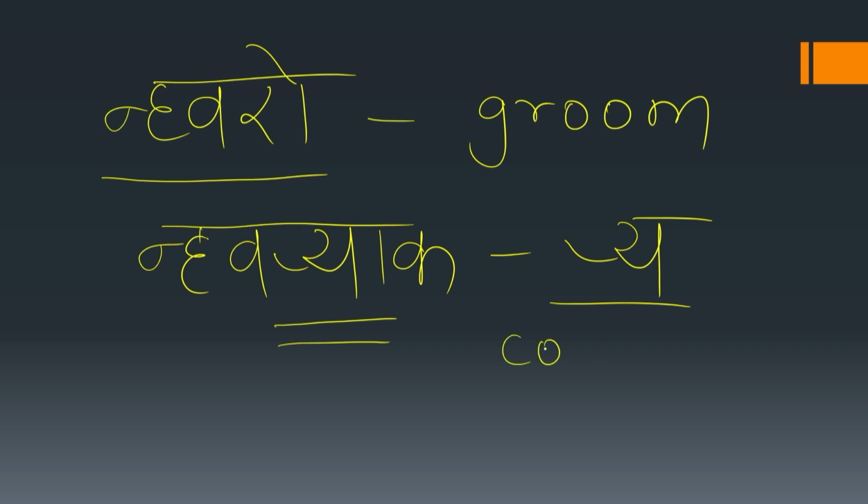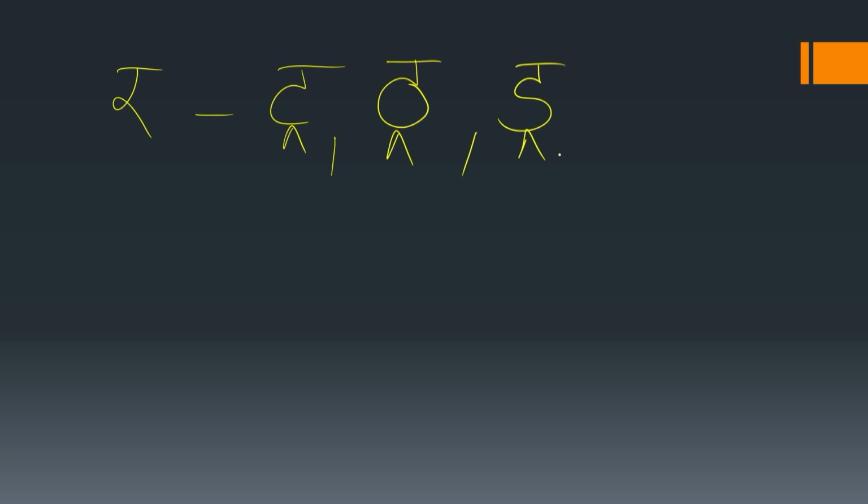So this is a conjunct and a different form of r. So we have seen r written with this when it is tr, tr, dr and dr. Next we saw with this symbol an example of Surya.